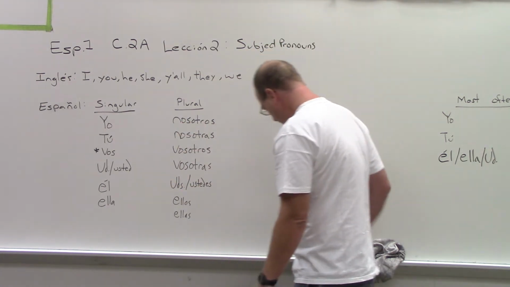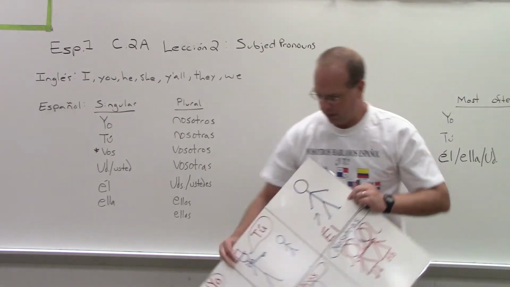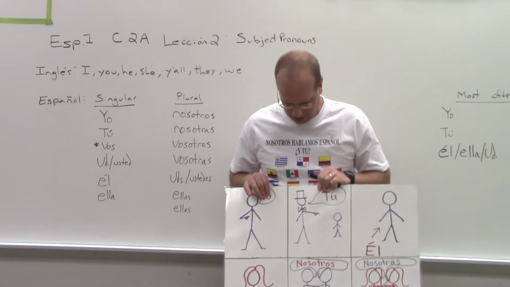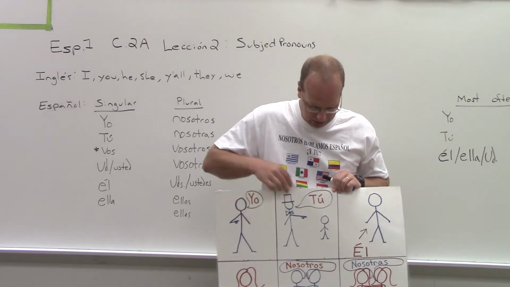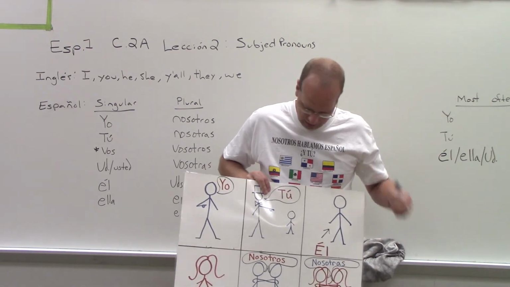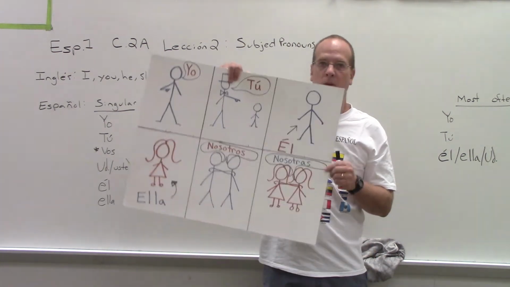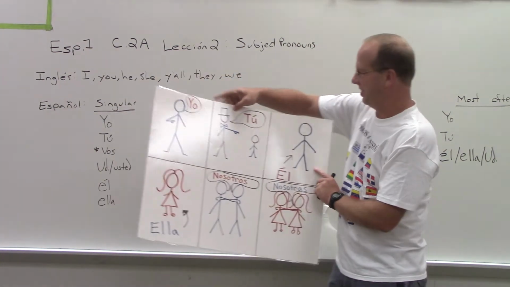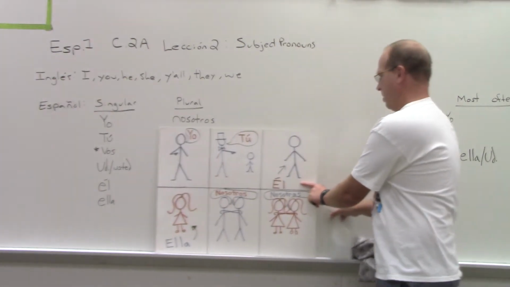One of them is formal, the other one is informal. So here we have yo, that's me speaking. Okay? Tú, that's somebody talking to this little kid. Okay? Or you could lower it. Okay, so in fact, just to make it there.